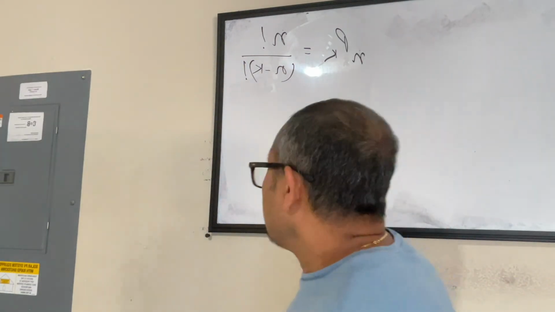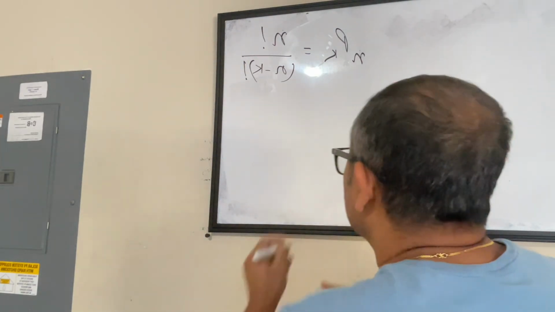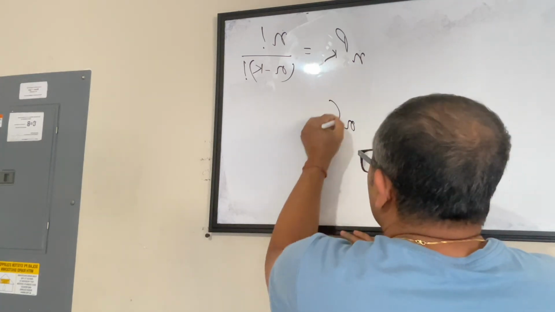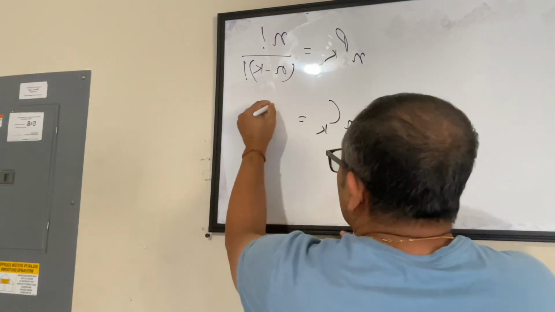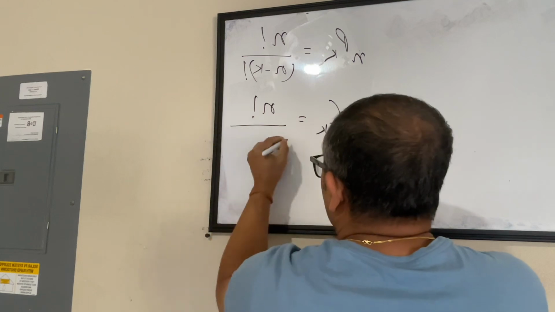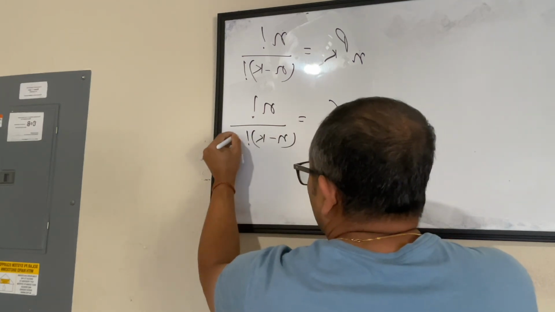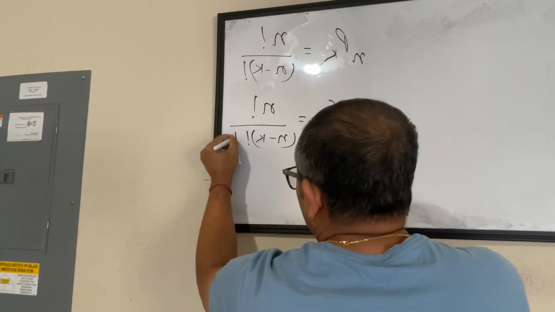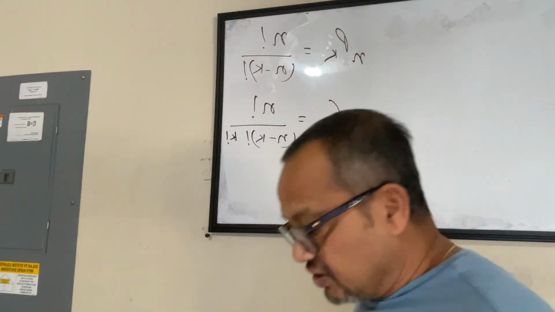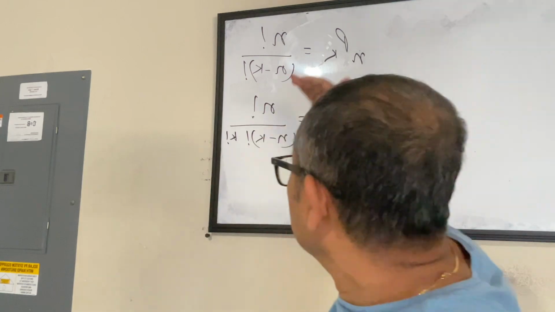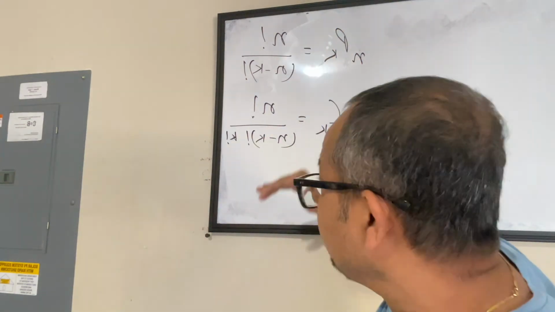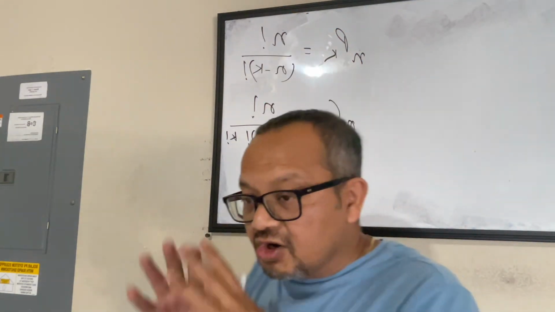Similarly, when you talk about combinations, we learned n combination k equals factorial n divided by factorial n minus k multiplied by factorial k. Again, this is the same stuff as permutation, the only difference being that in permutation the order matters.